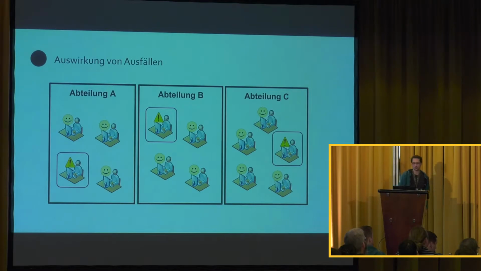So another thing that we thought of was that we can really tell, okay, if there is a problem, if there's just one individual employee from one department who has a problem, for example. So if we have one department and there's just one individual user that can't work, is that considered downtime or not?